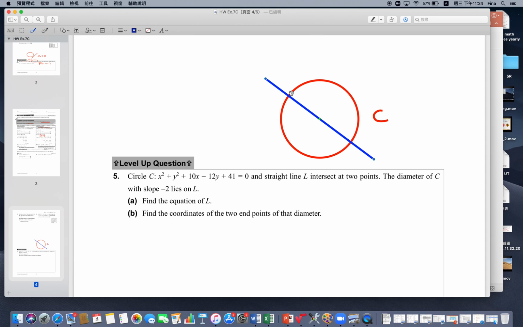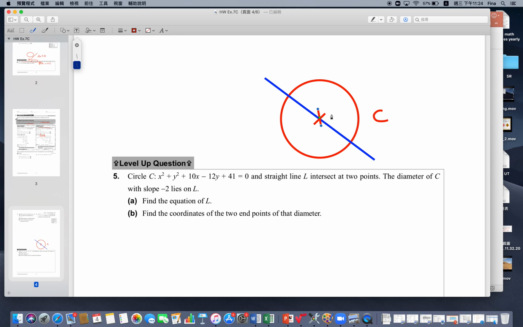Because the straight line L passes through the diameter of C, I know that the diameter of C is here. I change the color, and then here is the diameter, right? And the center of C should lie on the diameter.